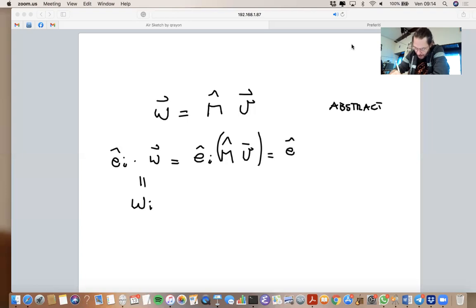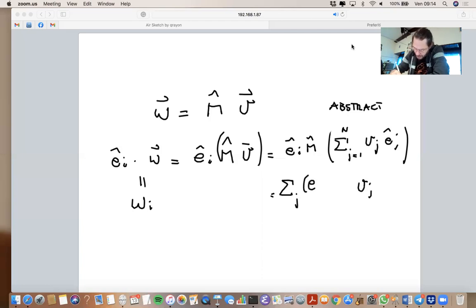So we get E_i M, and now let me say this is the sum over j going from 1 to n of V_j E_j. Now if I manipulate this mathematical expression, what I get is the sum over j, V_j, and then E_i M E_j. And this is what I call the matrix element M_ij.